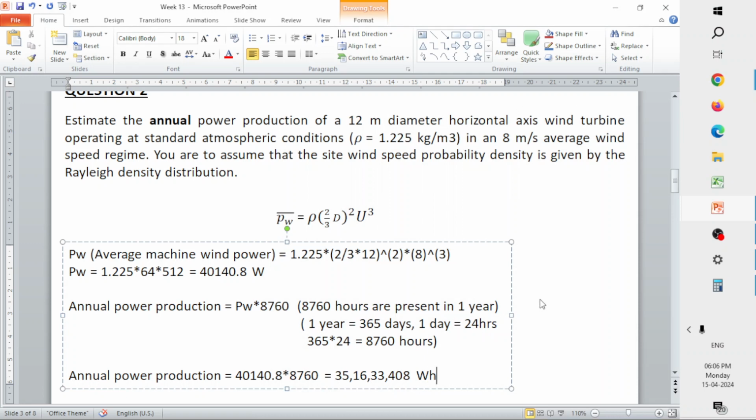So here what I want to say is, in this question we do not have any kind of condition or constraints on the turbine. So the turbine has an efficiency of 100%, but usually that is not the case, right? Each type of wind turbine, as I said previously, has many different losses.